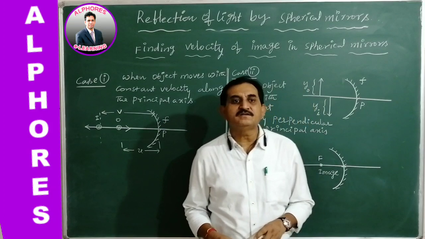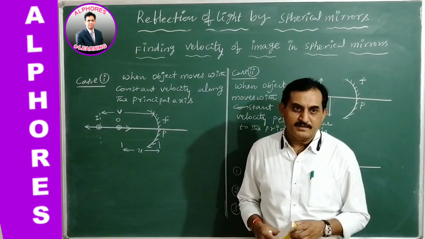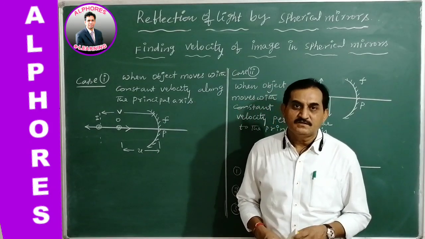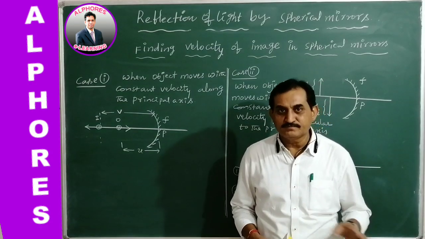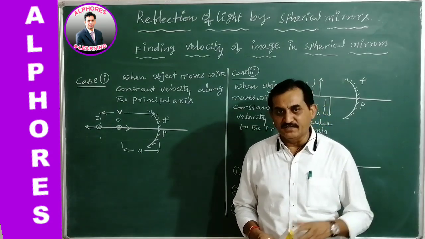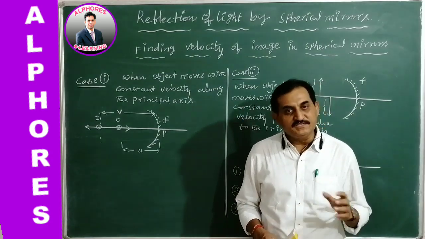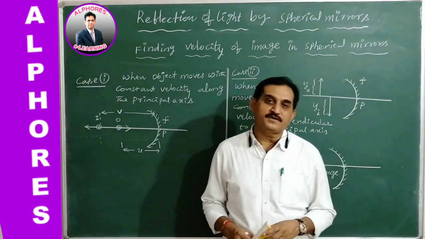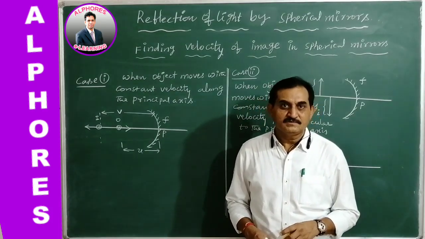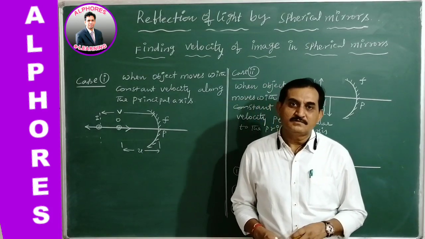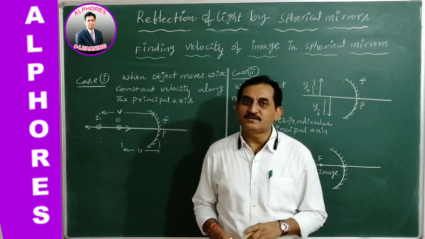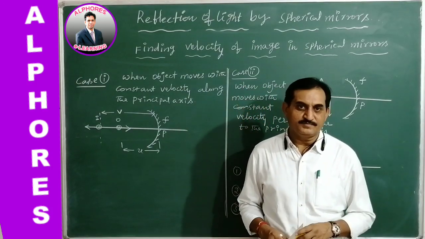Whatever formula we derived for spherical mirrors is valid for both. From the beginning I am giving the same statement. We derived different formulae: mirror formula, magnification formula, and so on.